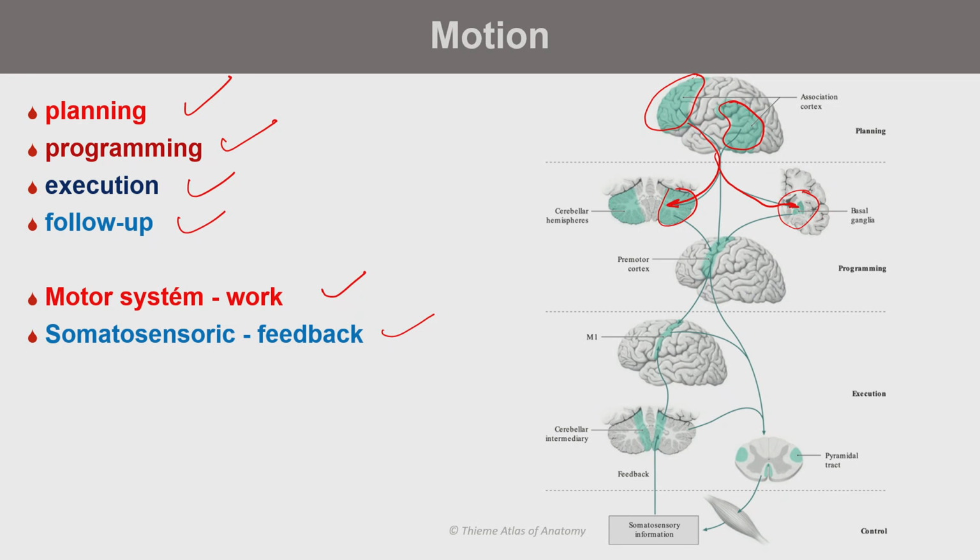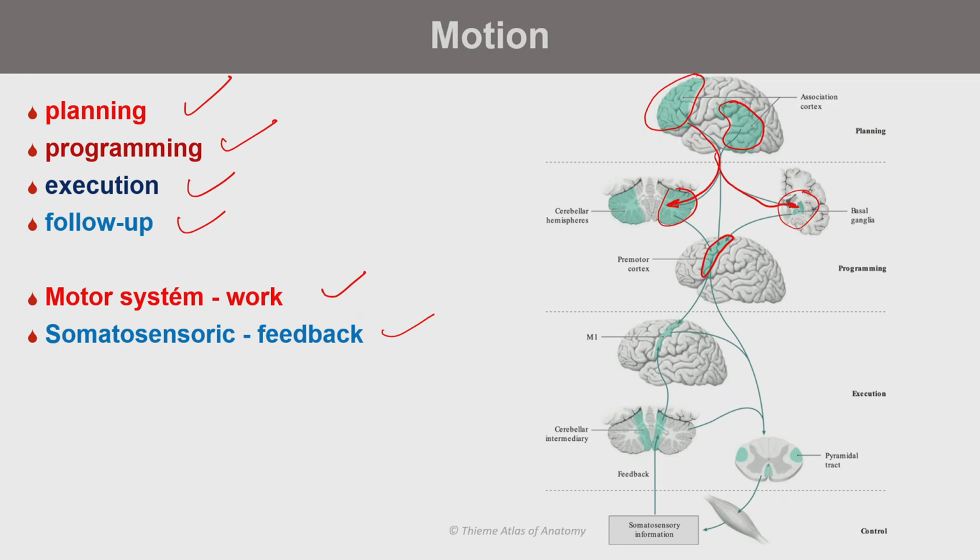So then, in the second, in a programming, those two structures, neocerebellum and basal ganglia, give some proper information to the sensoric and motor cortex along the central sulcus. So precentral is a motor, and important is also the information about the proprioception from the post-central gyrus.